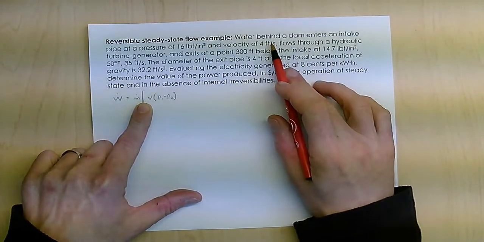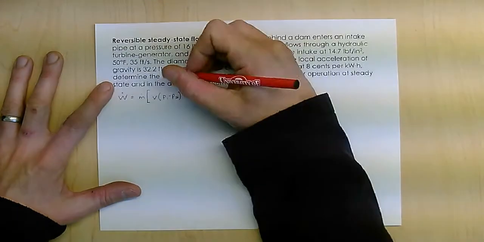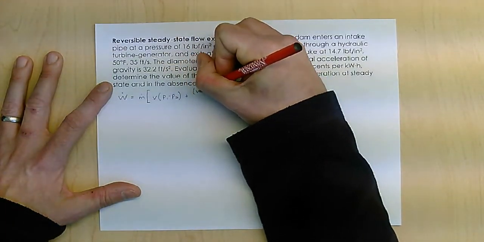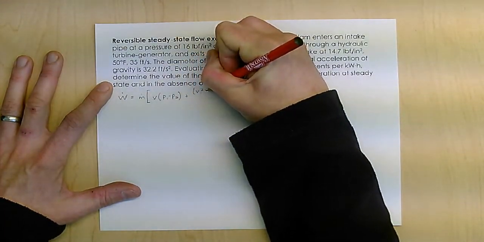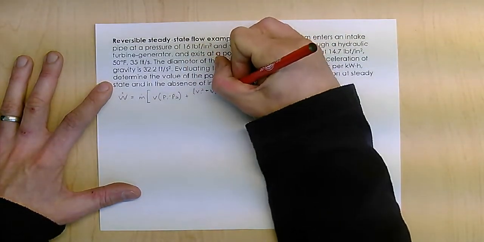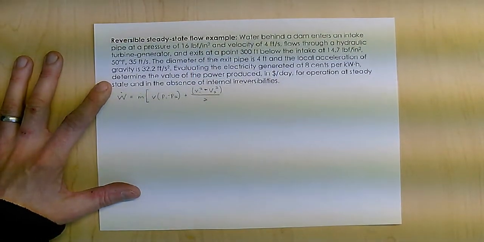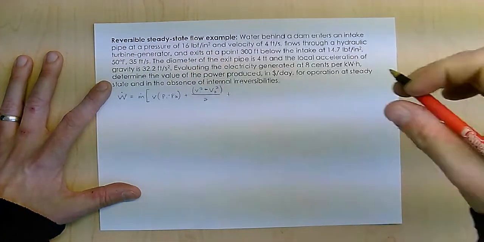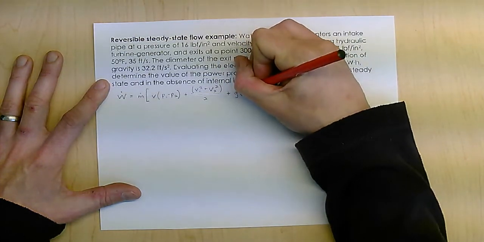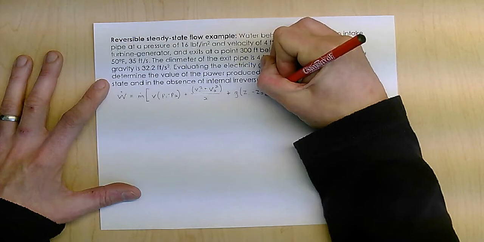And now this one, the kinetic and potential energy effects cannot be ignored. So that'll be plus V1 squared minus V2 squared. That is the velocity or the kinetic energy plus g times the change in elevation, Z1 minus Z2.